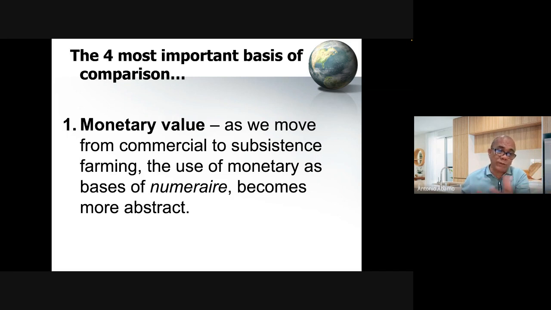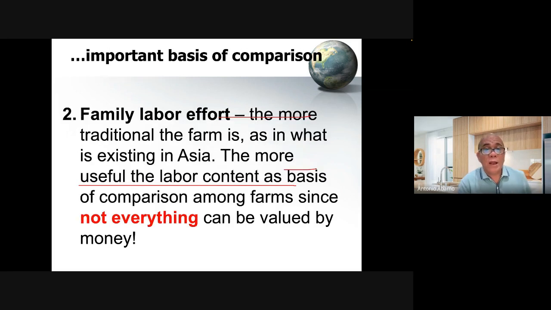The reverse is true: from subsistence to commercial farming, monetary value becomes more and more applicable. Family labor effort, the more traditional the farm is, as in what exists in Asia, the more useful labor content is as a basis of comparison among farms.